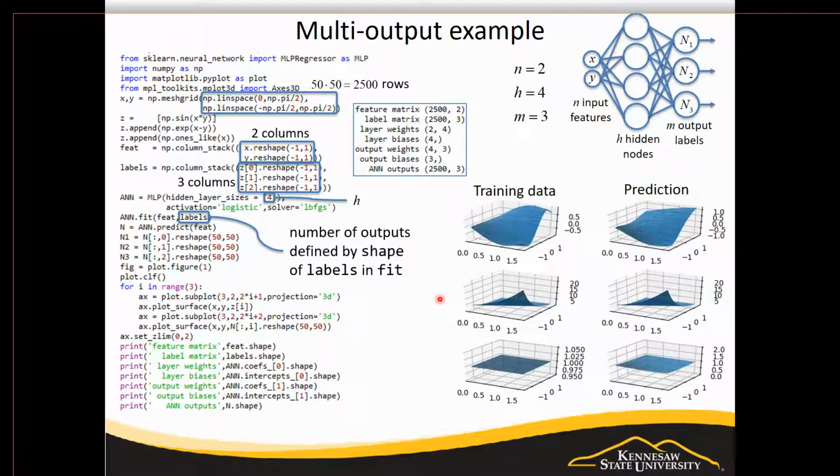But it infers the number of outputs depending on what you pass as labels. The labels I pass, there's 3 columns, so it knows, oh, I have to have 3 outputs. So I'm fitting this thing to have 3 outputs, which is a little weird that you don't say in the constructor what the number of outputs is. It infers that from the labels that you pass to it.